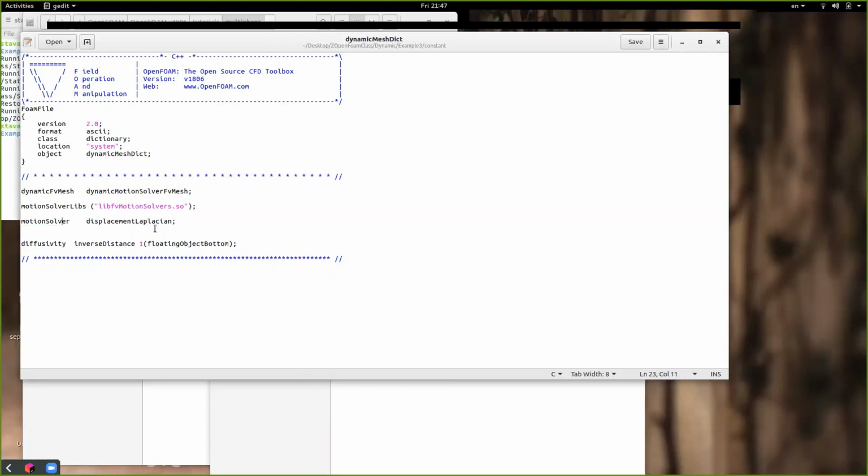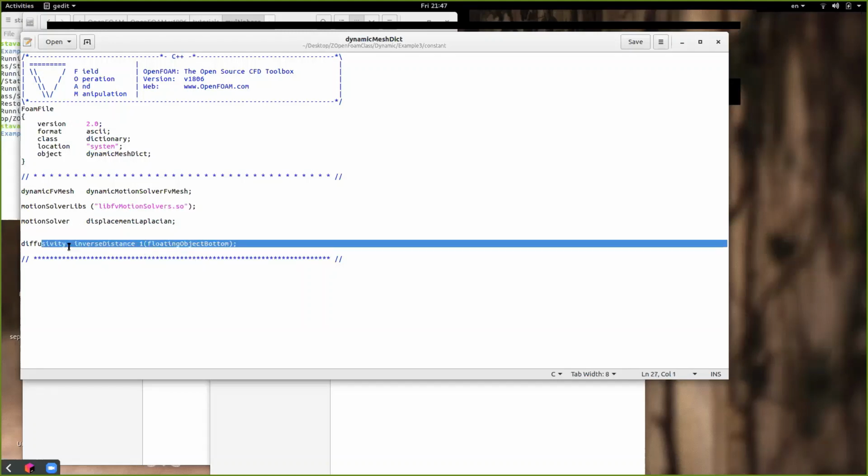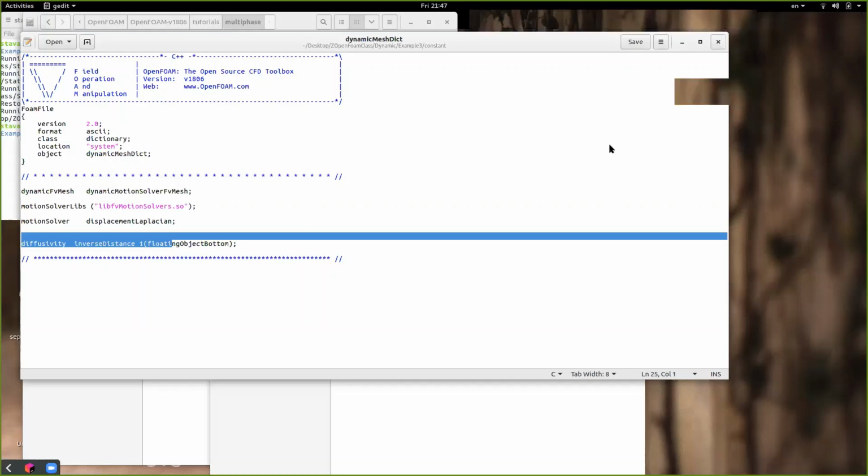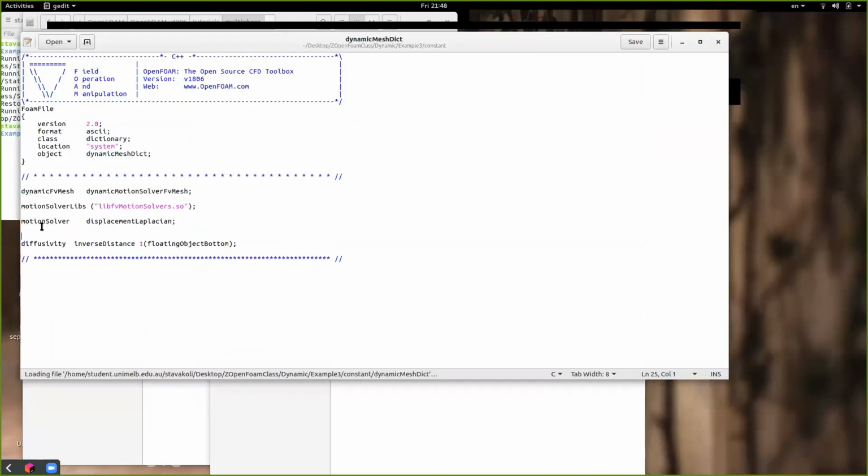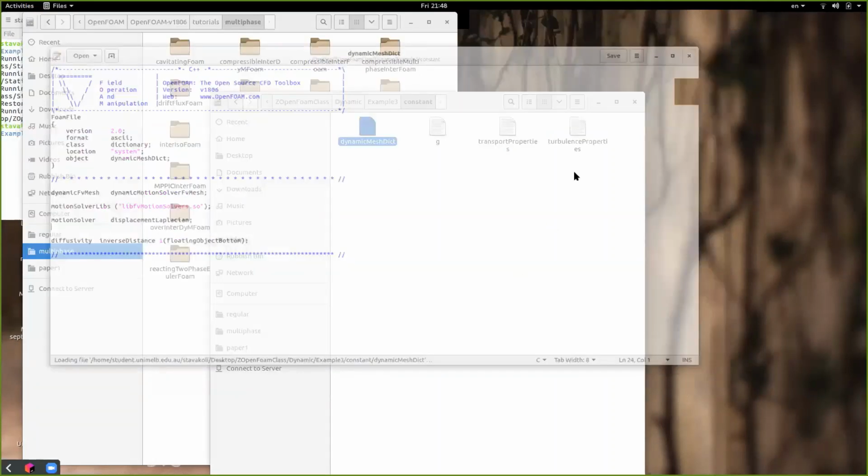So we've got it over here. We define the dynamic motion through this type of dynamic motion solver, displacementLaplacian, and just use the library of the motion solvers. We can use this type of motion solver to prescribe motion for the body.